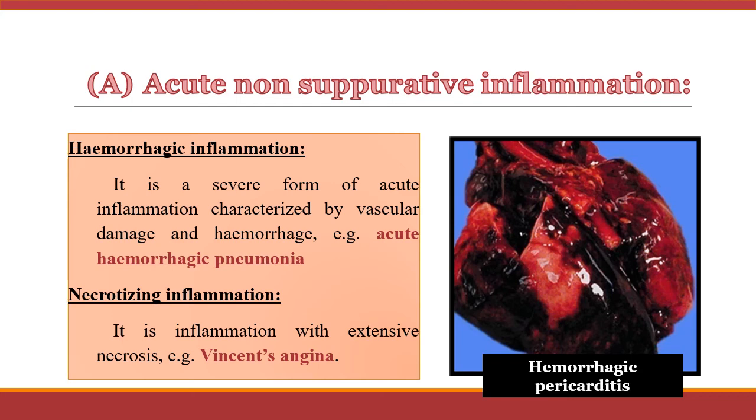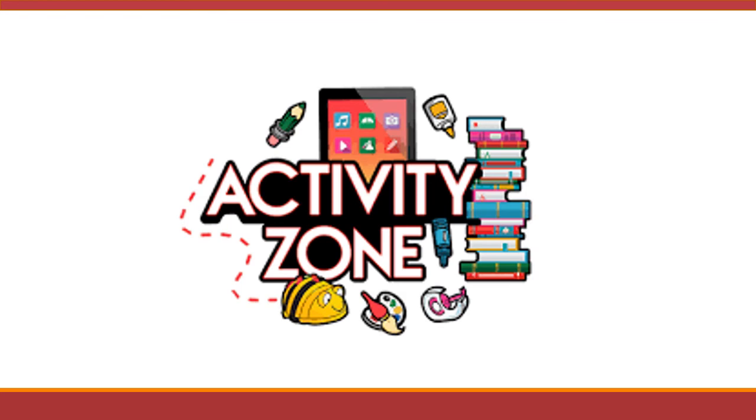So both of those types are the last types that we are going to mention in the acute non-separative inflammation, the hemorrhagic and the necrotizing. So now, after we completed the types of acute non-separative inflammation, we are ready for some activities.